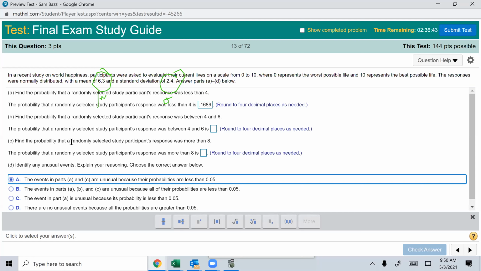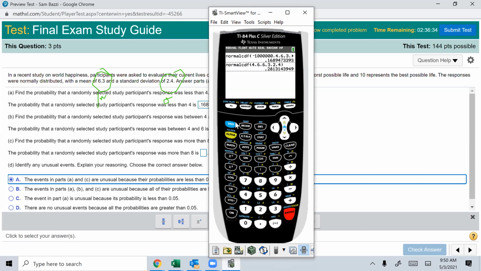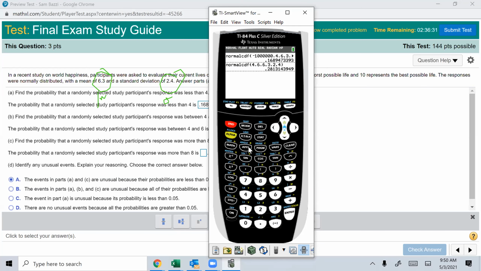Find the probability that a randomly selected study participant's response was more than 8. Let's see how we do this. Second, variables. Anything that is in blue, you have to press the second key first to access it on the calculator.